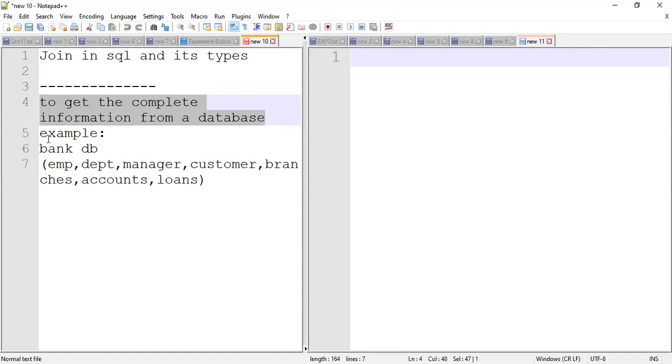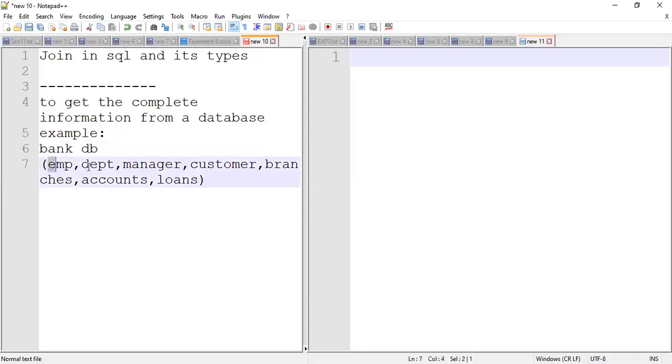So for example, you can join many tables. Let there be a bank schema, or bank database.